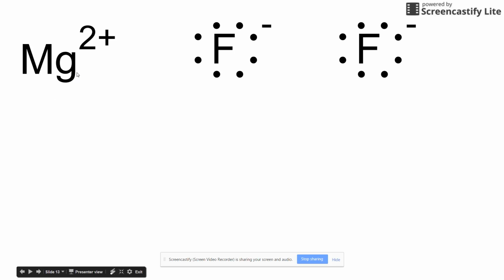It only has 10 electrons now because it had a total of 12 before, and now it has a positive 2 charge.